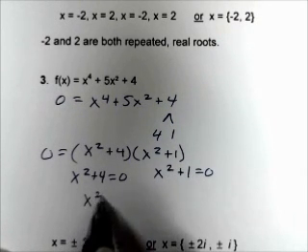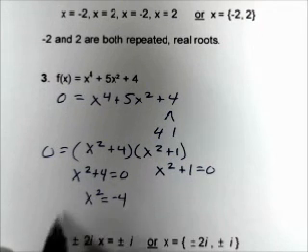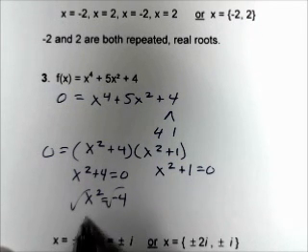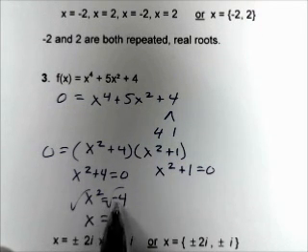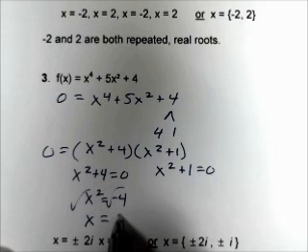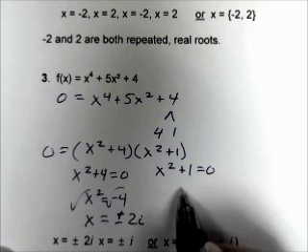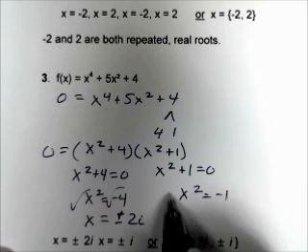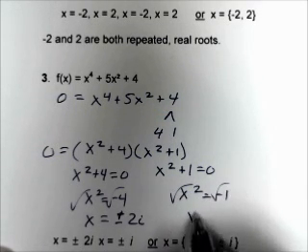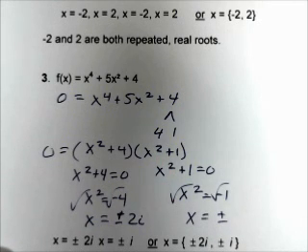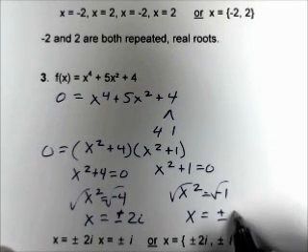Subtract 4. X squared equals negative 4 and square root both sides. So x equals, simplify the square root of negative 4. That's plus or minus 2i. Subtract 1. X squared equals negative 1. Square root both sides. X equals plus or minus, simplifying the square root of negative 1.